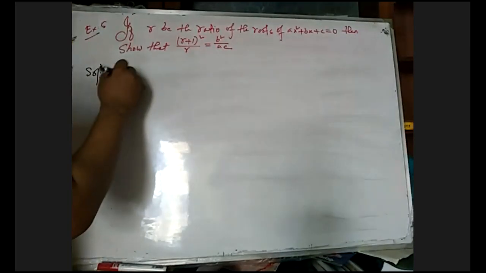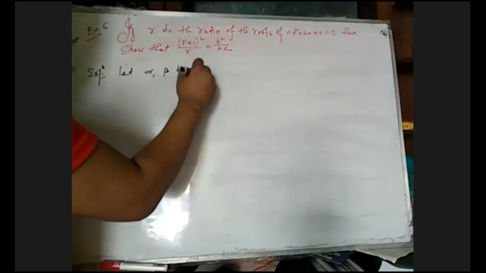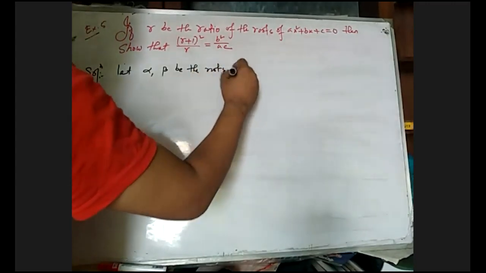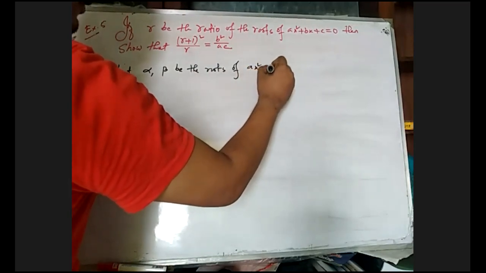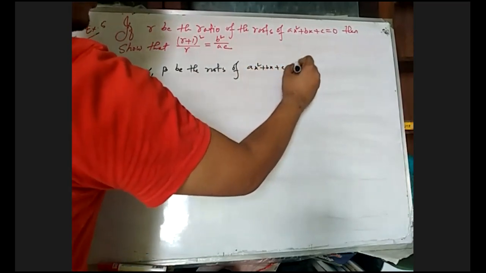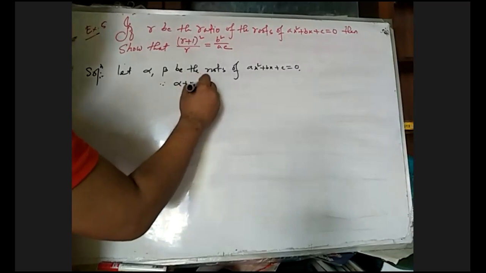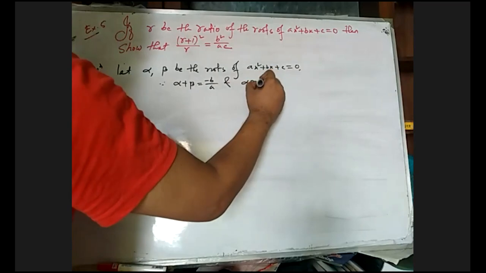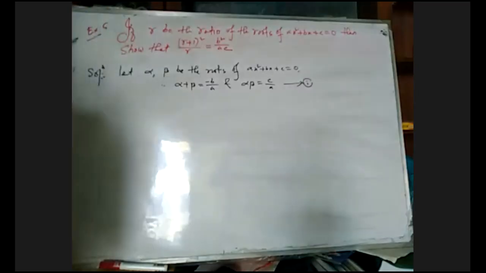Let alpha and beta be the roots of the quadratic equation ax square plus bx plus c equals 0. Okay, so therefore sum of the roots alpha plus beta is minus b by a, and product of the roots is c by a. This is equation number 1.